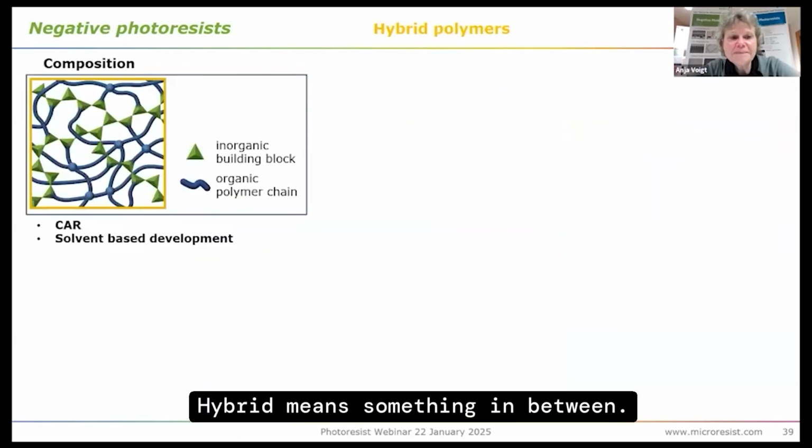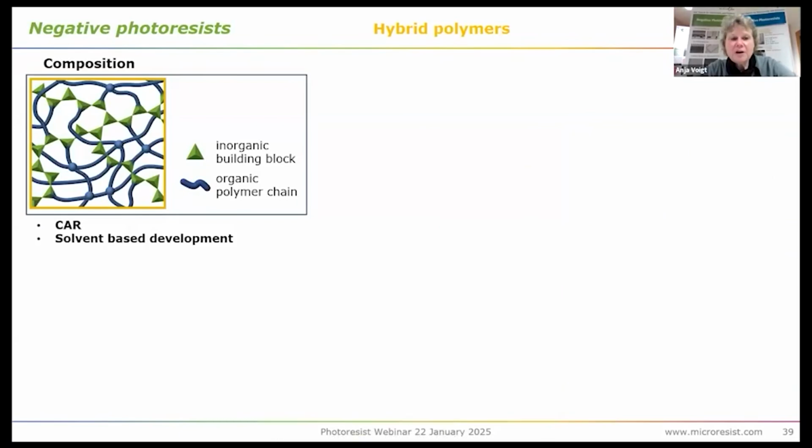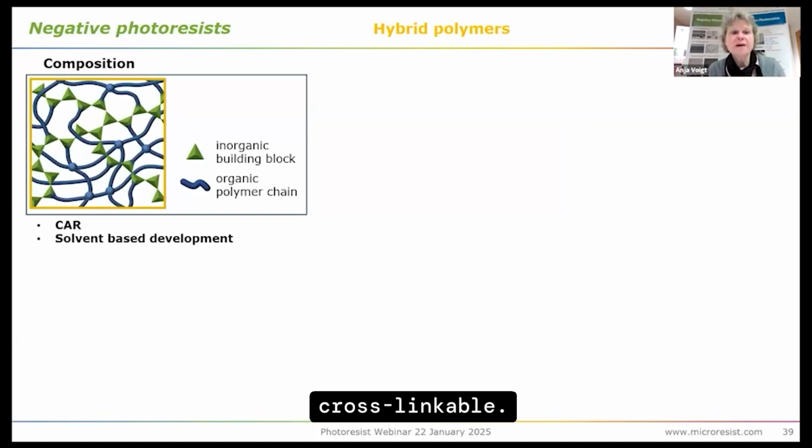Hybrid means something in between. You have inorganic and organic. Inorganic is the silicon dioxide skeleton surrounded by organics. The organics make the material cross-linkable.